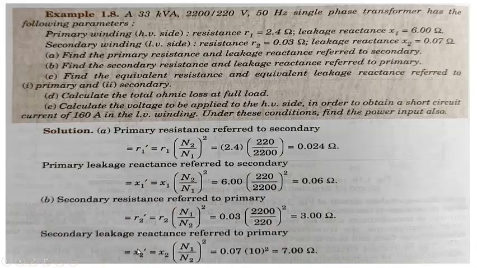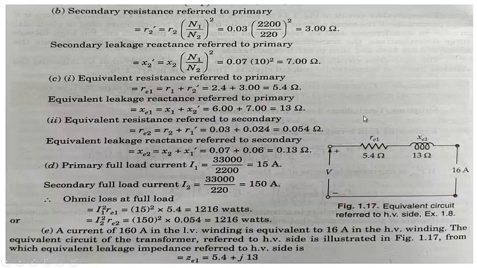Now the last part is to calculate the voltage to be applied to the high voltage winding in order to obtain the short circuit current, that is 160 amperes. When we short circuit it, a 16 ampere current would be flowing through this circuit. So the total voltage to be applied will be the voltage drop across these two, RE and XE.